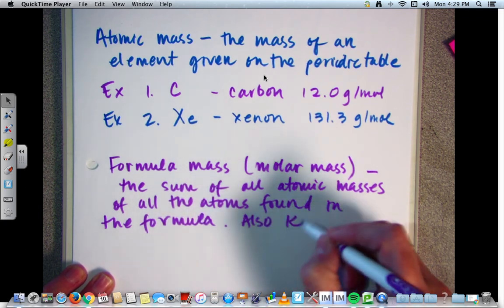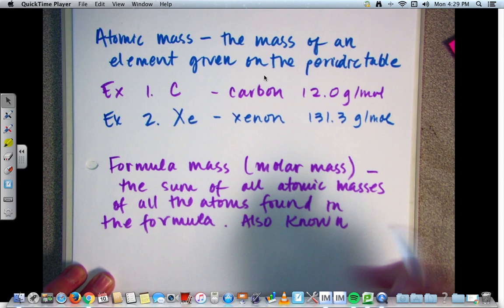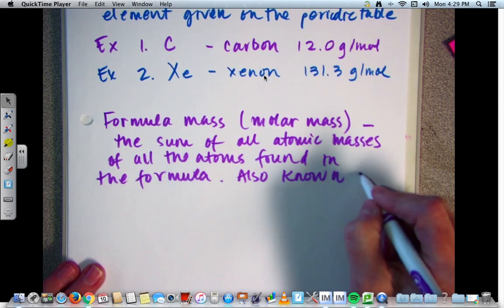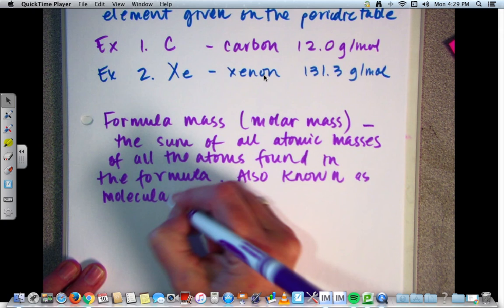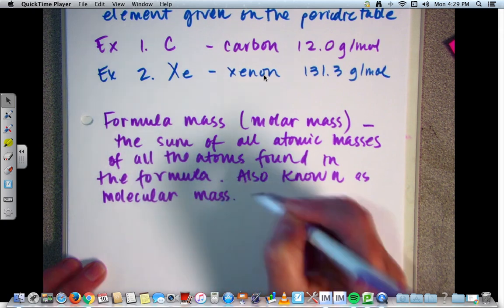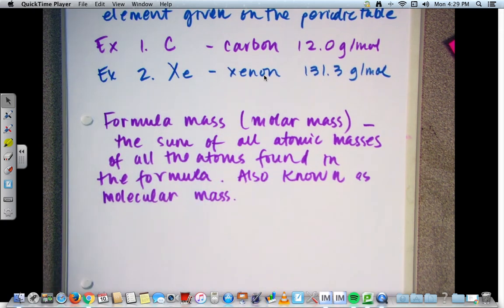Also known as molecular mass. We have a molecule and we want to know what the total mass is. We would refer to that as the molecular mass.